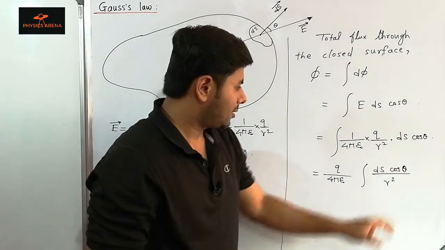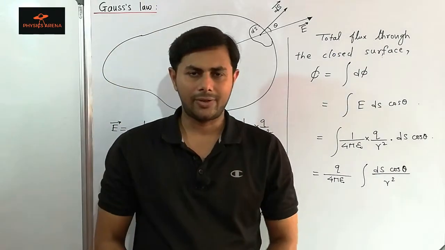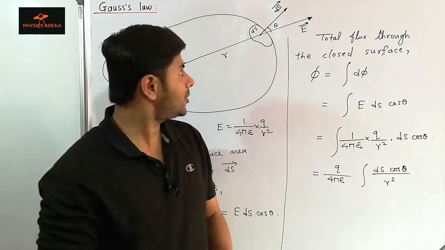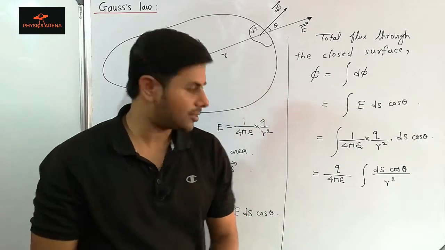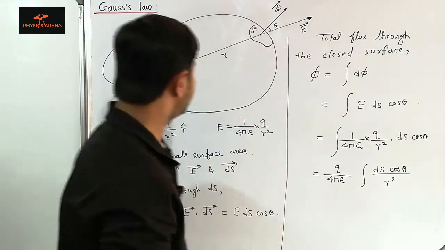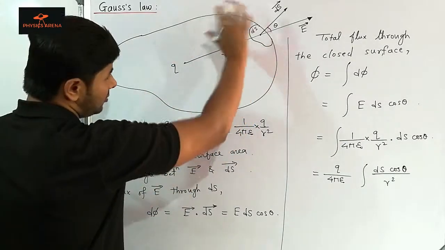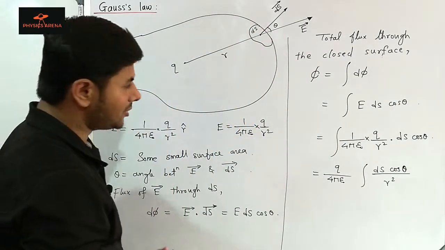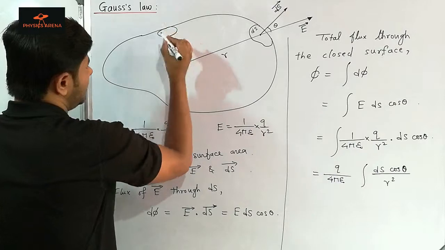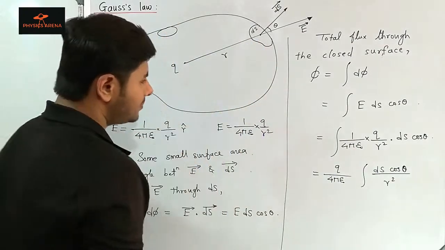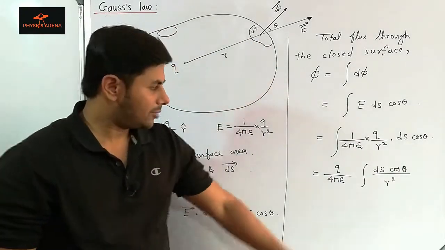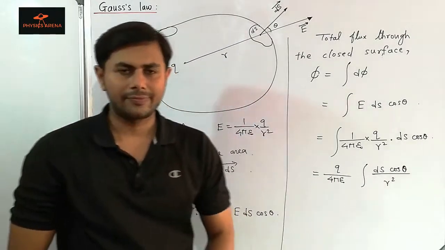The angles can change according to the direction of the electric field and the area vector, and the distance of the areas taken over this closed surface is also not a constant, since the distance here is different from the distance here. So these things are variable.